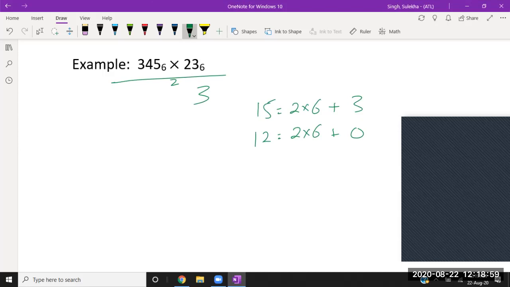So if you want to add, you can add 2 here, or you just convert this 14. Okay, so this automatically becomes 6 into 2 plus 2.